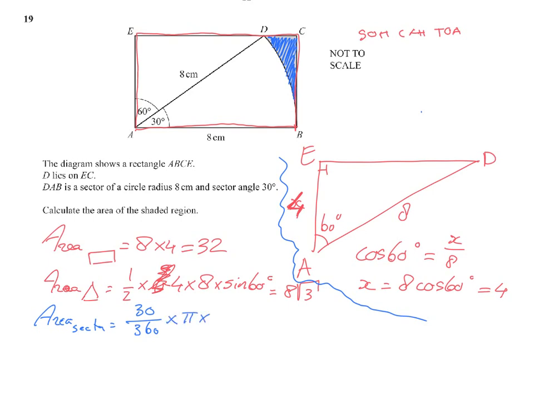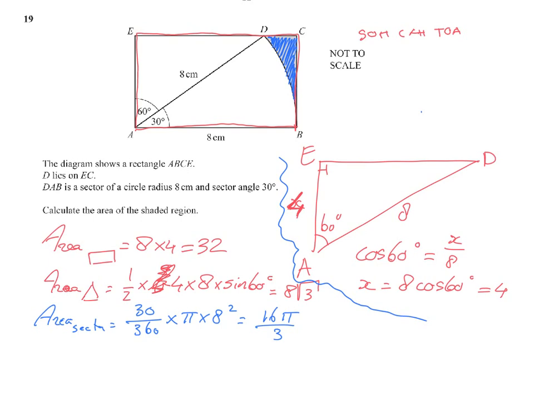Pi r squared. So pi 8 squared in this case. And I'm going to plug that in my calculator. So 64 times pi, times 30, divided by 360. And my calculator says 16 pi over 3.